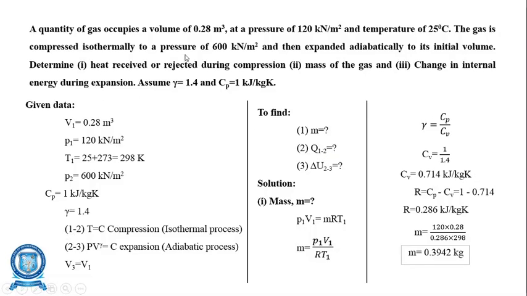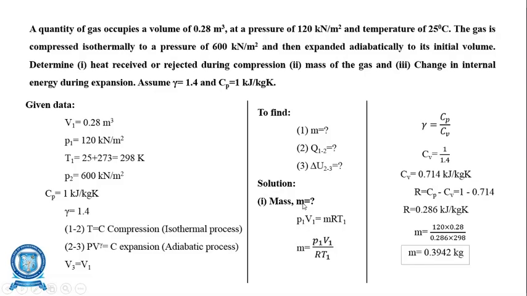The expansion process happens from 2 to 3, so delta U 2 to 3.